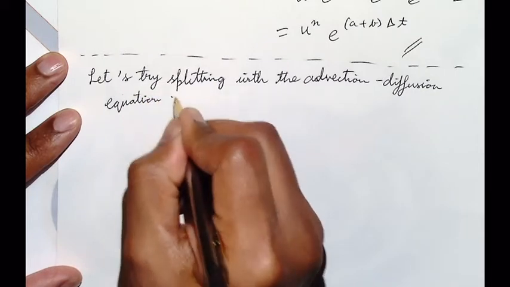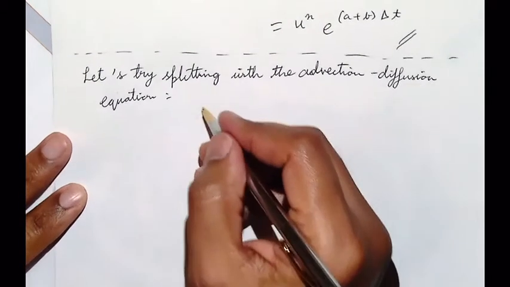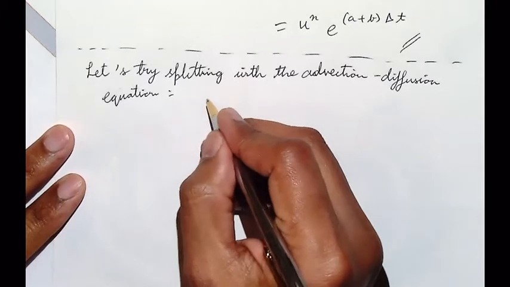Do you know what the advection diffusion equation is? You know what the advection equation is. Do you know what the diffusion equation is? You combine them, right? So, let's say we do advection of a scalar.